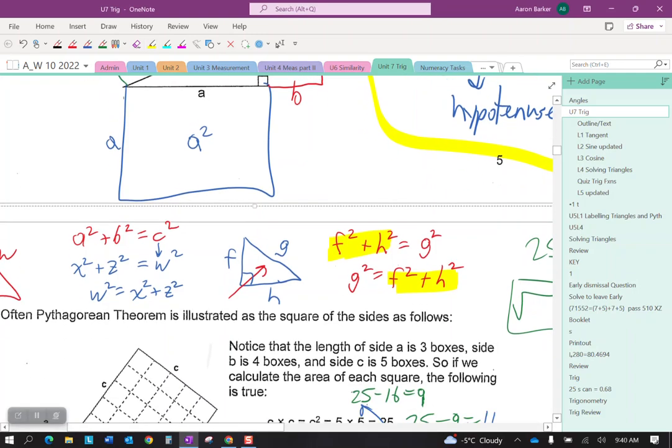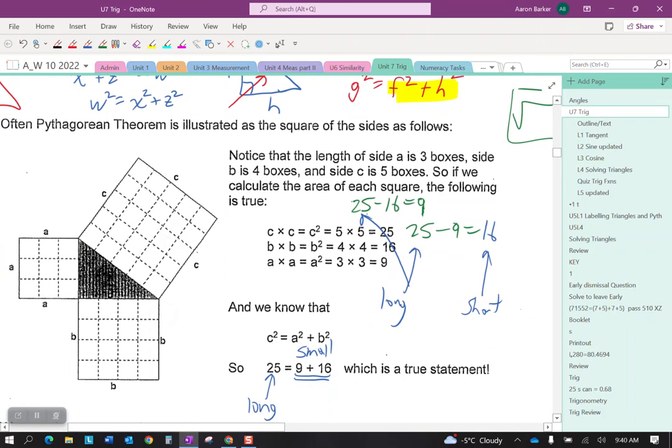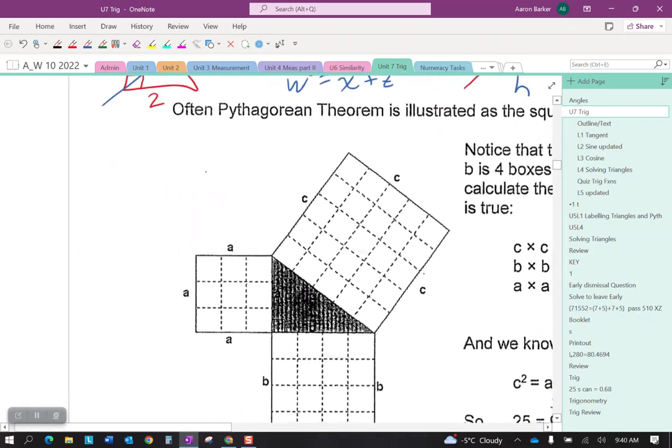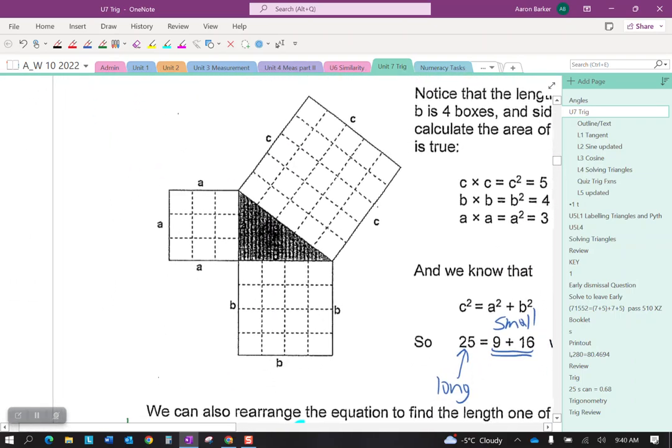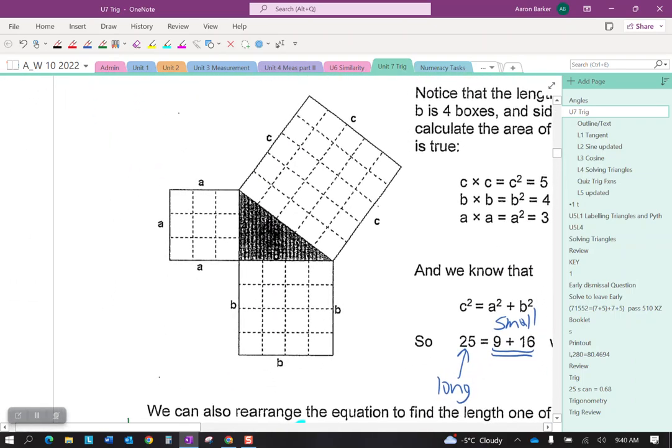Wait, so for this one right here, the Pythagoras theorem, what we're looking at is another demonstration of what it actually is. We have a right angle triangle here, and off of side A they made a square, and of course they made little squares. So this has 3 times 3.